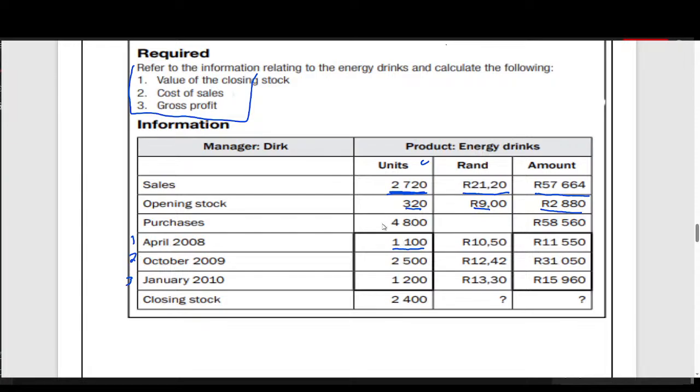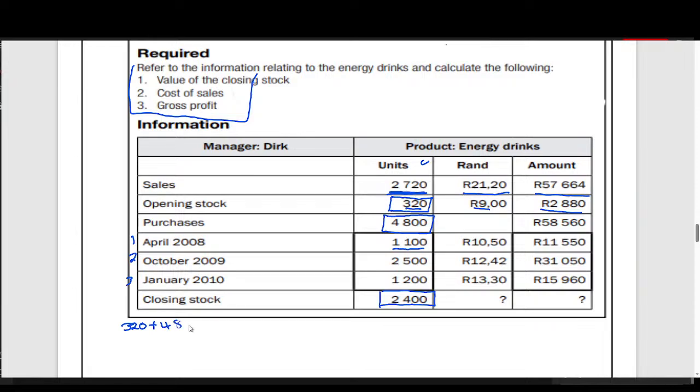Now, what is important here is that we have bought 4,800 units. At the end of the year, we are left with 2,400. How can we calculate this? Let me show you quickly. At the beginning, we had 320 units available for sales, and from this 320 we bought more stock.